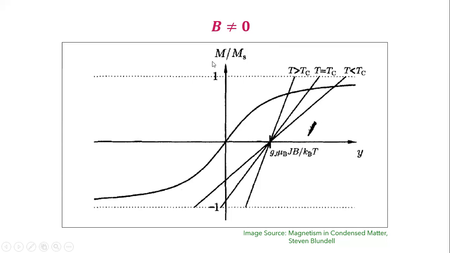Also, the sign of magnetization would be the same as the sign of the magnetic field, exactly what we observe. And if one tries to do the detailed analysis, one would find the critical temperature to be something like this.